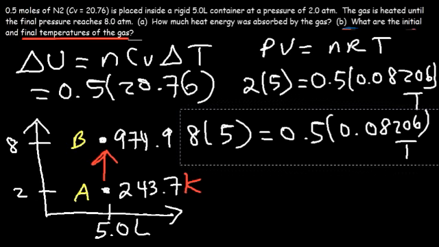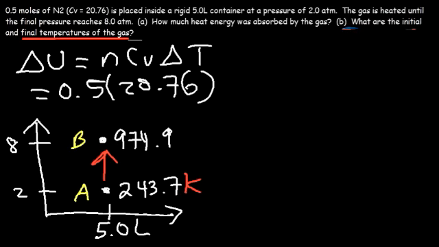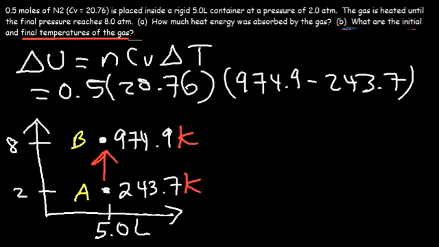So now we can find the heat transferred using the other equation. So delta T is going to be the final temperature, which is 974.9 Kelvin, minus the initial temperature of 243.7 Kelvin.